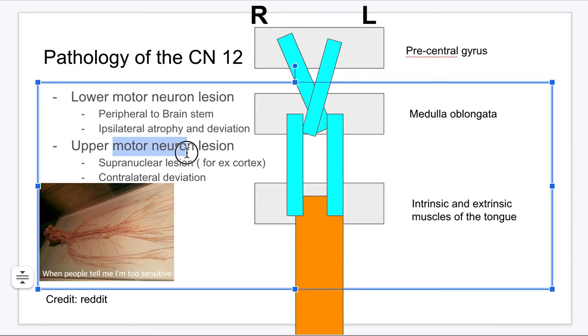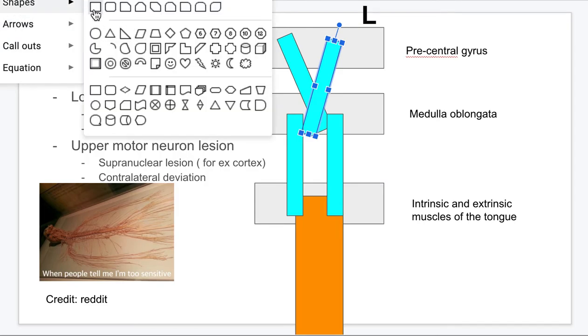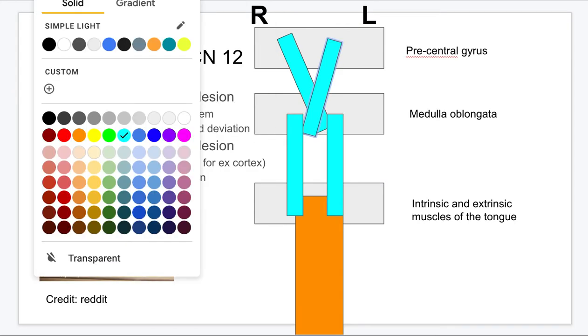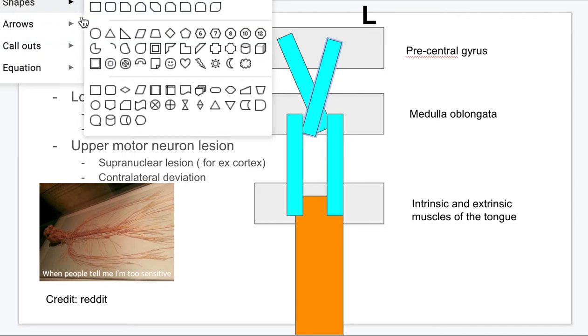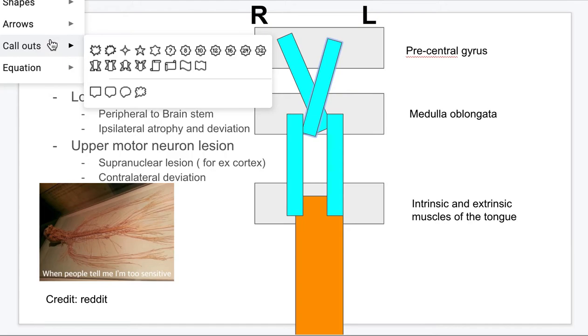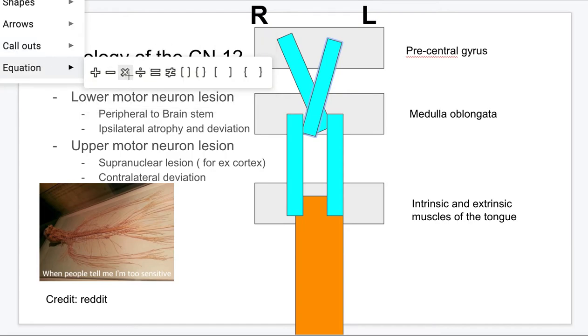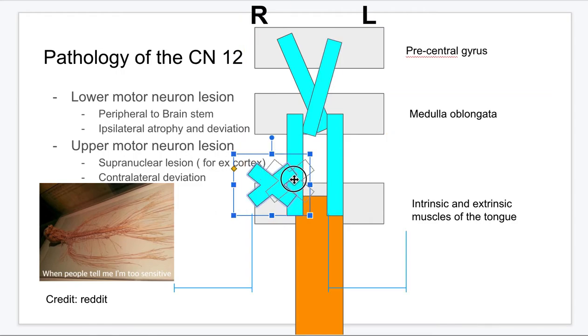The upper motor neuron lesion is a bit more tricky. These fibers are from the cortex, and they cause contralateral deviation. Let me re-illustrate that so we're on the same page. Let's say I have a really big pathology over here, and it's compressing this really big nerve.